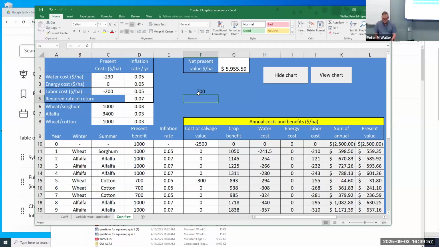I'm getting $700. Just for today, let's say the labor cost is, well, this is for our surface irrigation system, right? Okay, anyway, that's something you can struggle with. I'm going to say it's $500 per hectare for our labor cost.